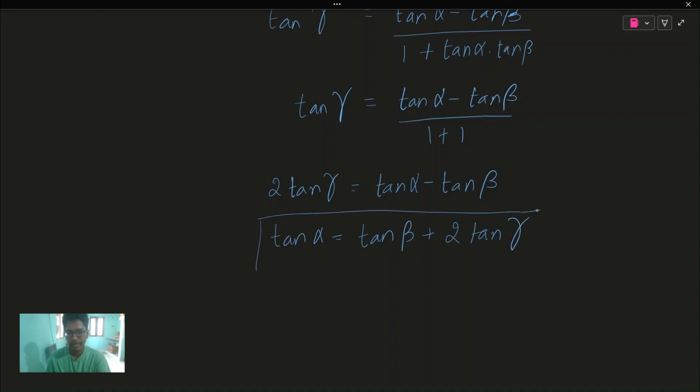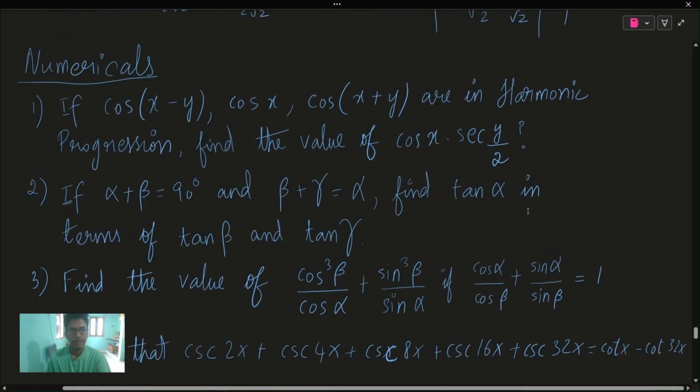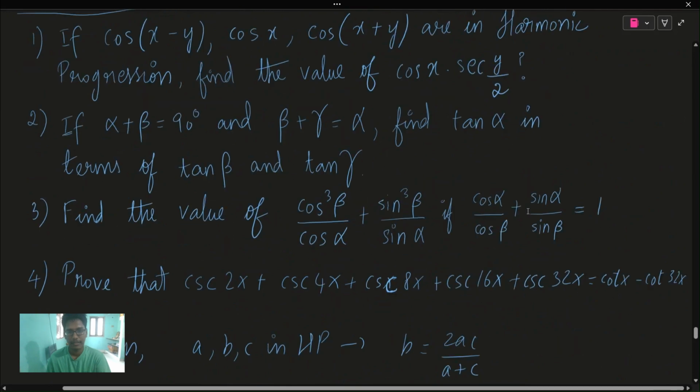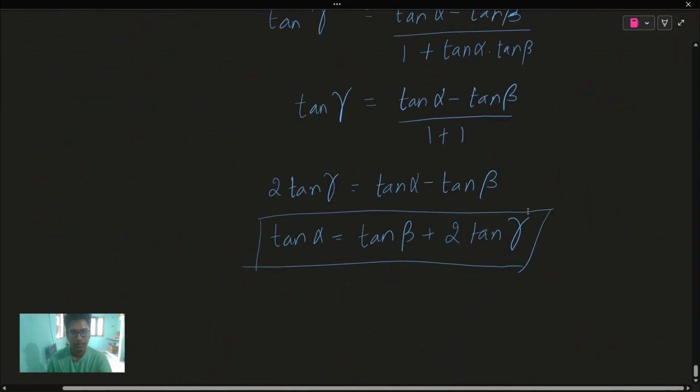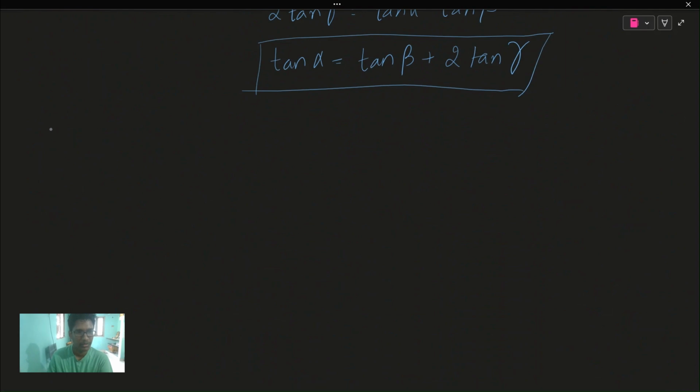So this is the final equation. And they asked us to find tan alpha in terms of tan beta and tan gamma, and yes, we found tan alpha in terms of tan beta and tan gamma.